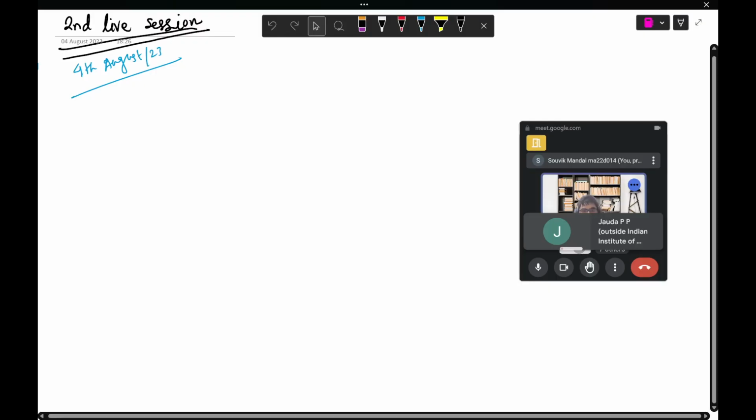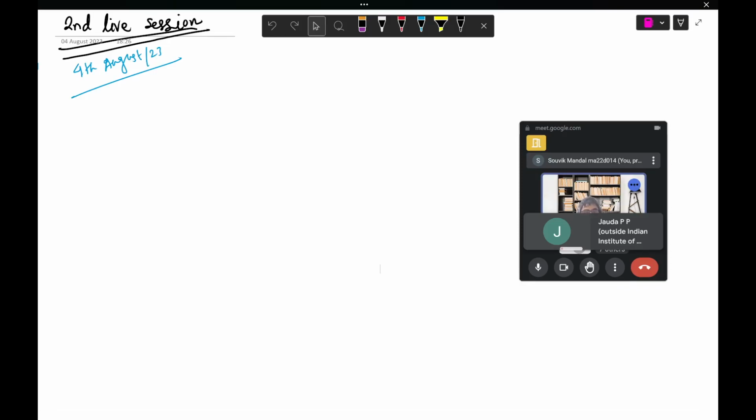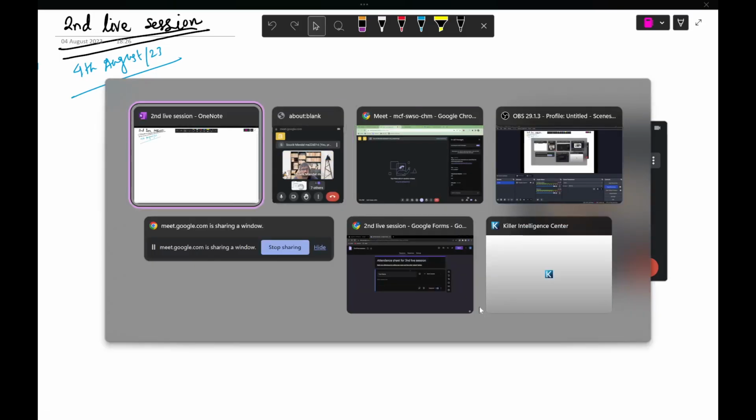Okay. Can you see the screen which I have shared through OneNote? Can you see the screen? Anybody, please unmute yourself and tell. Yes, sir. Okay, thank you.